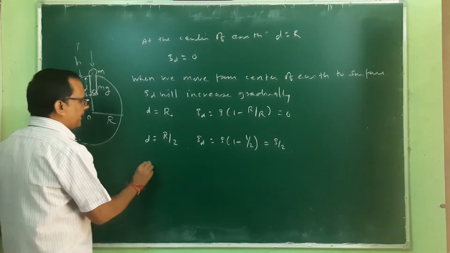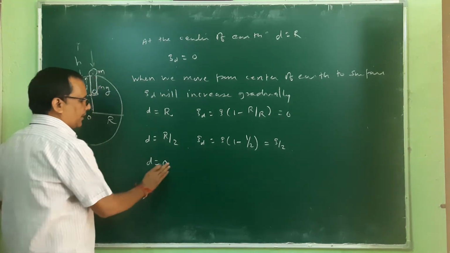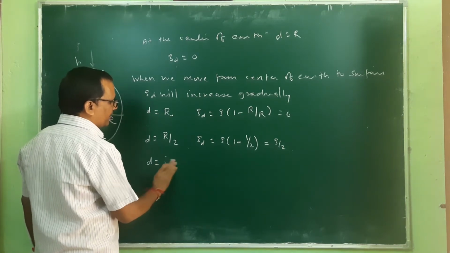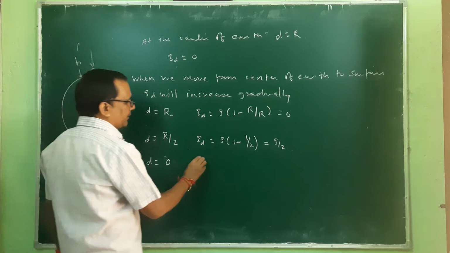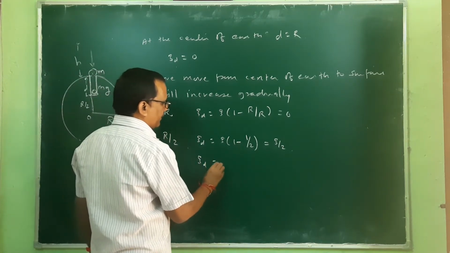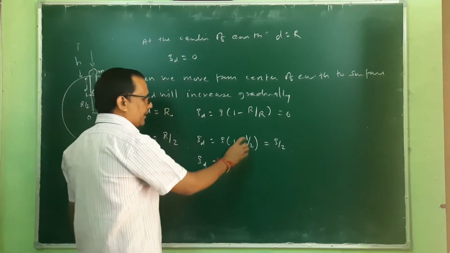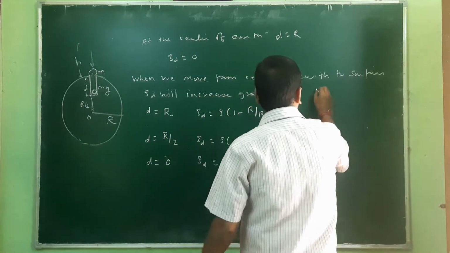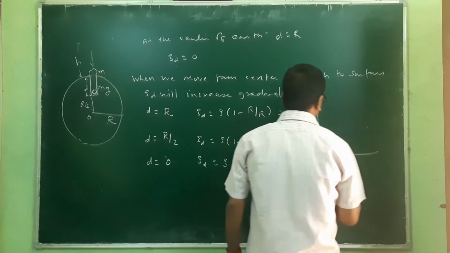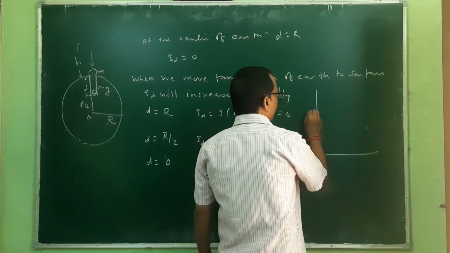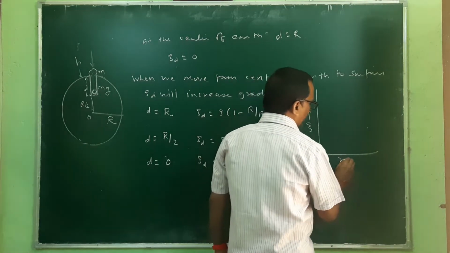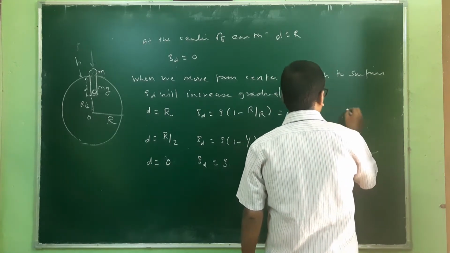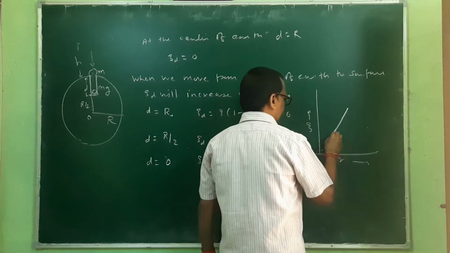And when this d is equivalent to 0, that is on the surface, this is equivalent to g, because we have taken this d equivalent to 0. So if we have a plot of this g from the center with R, this will increase like this.